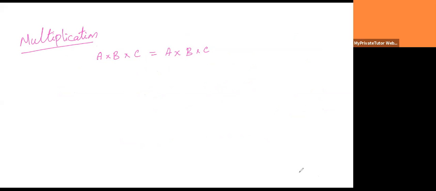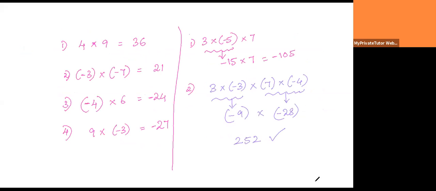I think we tried once, right? Let me go to that page. Yeah, here you can see that we tried the multiplication of 3 numbers or 4 numbers. How we did? Let me take a different color. If we multiplied these 2 numbers first, and then we multiplied the answer with the third number, that is nothing but the associative property for multiplication.